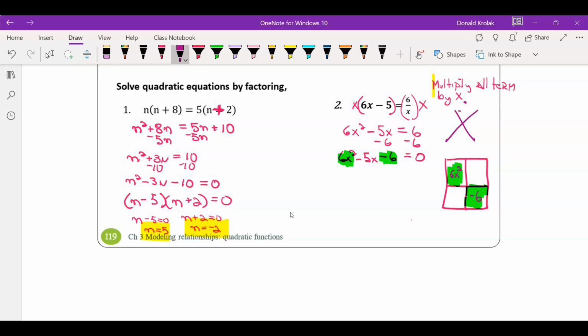It's got to multiply to be negative 36, and at the same time add together to be negative 5.